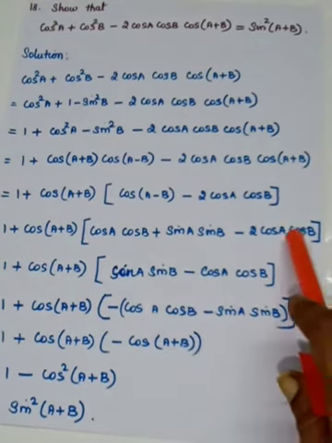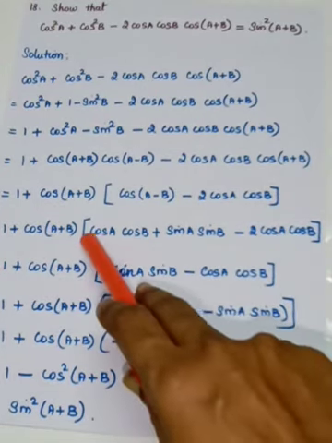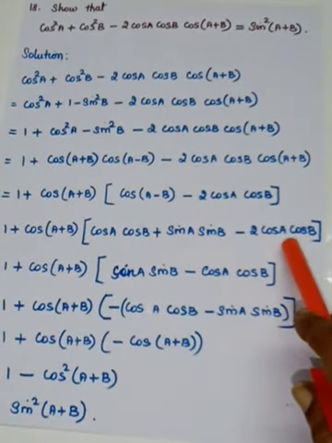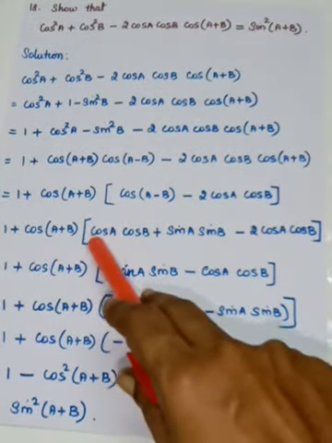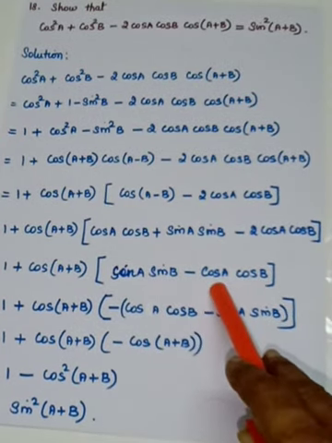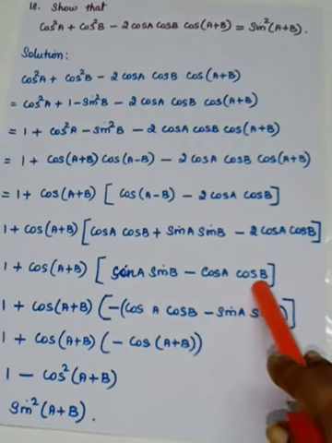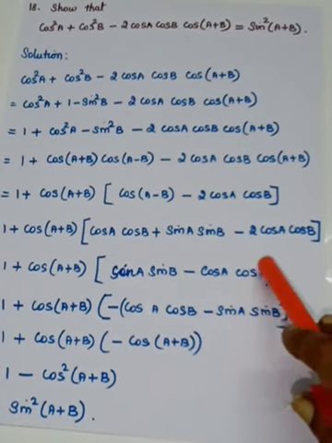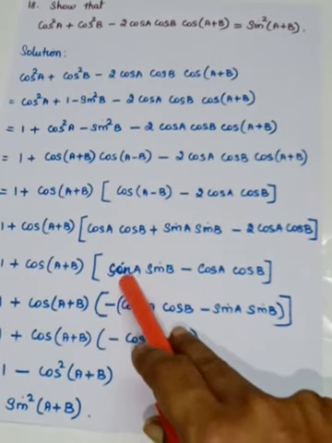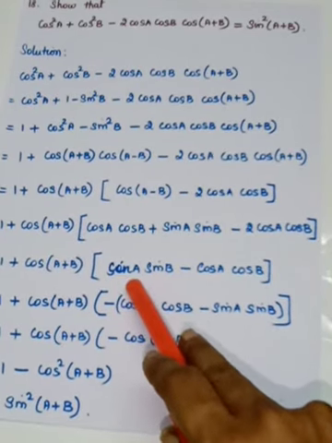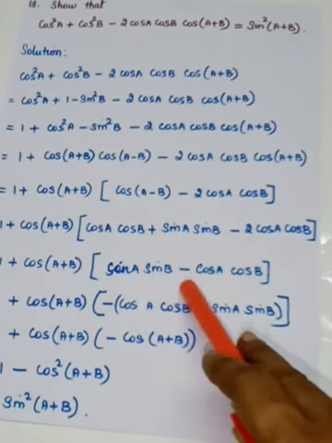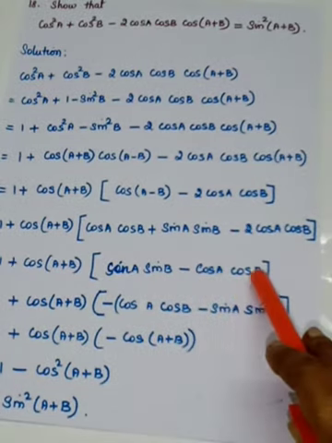Both are same, but the coefficients are different. Here you are having 1, here you are having minus 2. So, minus 2 cos a cos b plus cos a cos b. If you subtract, your answer will become minus cos a cos b, isn't it? So, what is remaining here? Sin a sin b. So, it is positive. So, you have written it as the first term, sin a sin b. If you calculate these two, your answer is minus cos a cos b.